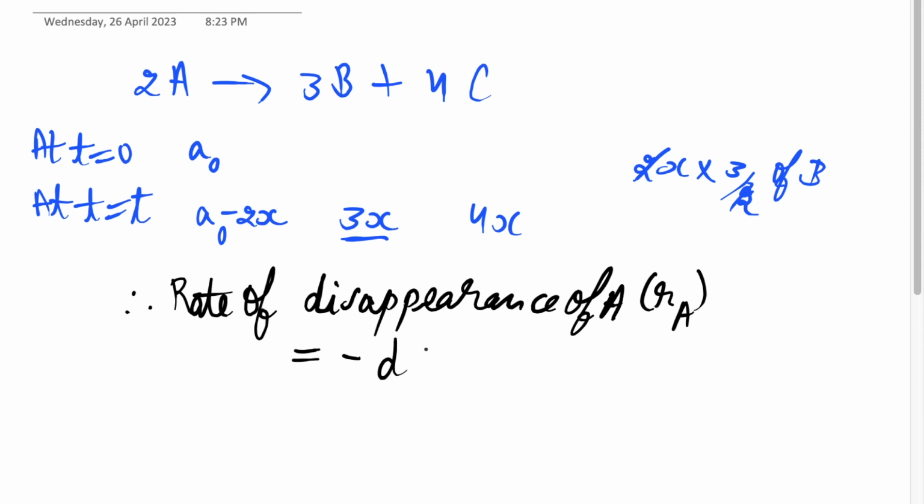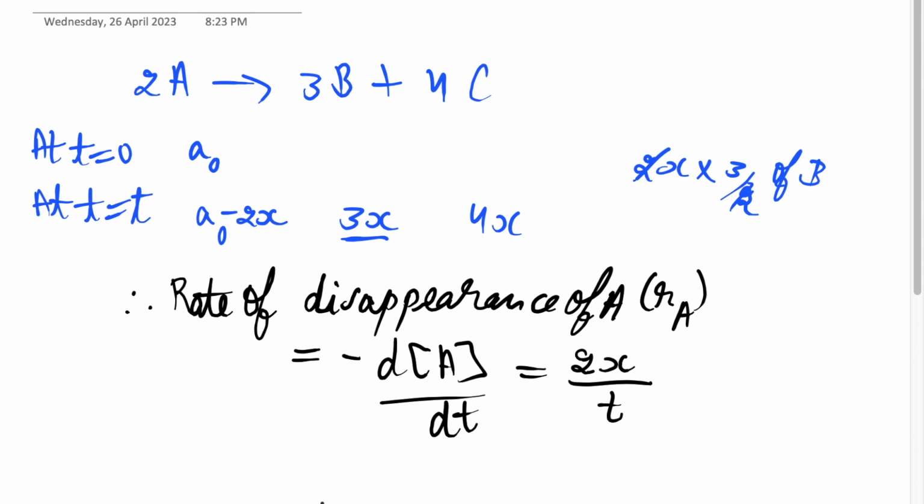So dA is 2x, the change in the concentration of A, and the time taken is 0 to t, so dt is the infinitely small change in time, which is t.